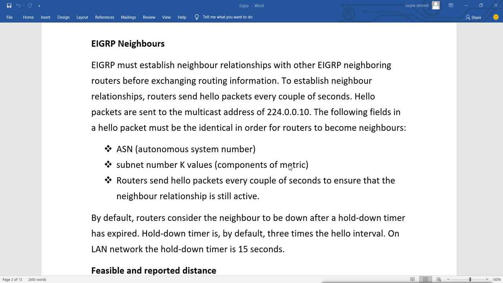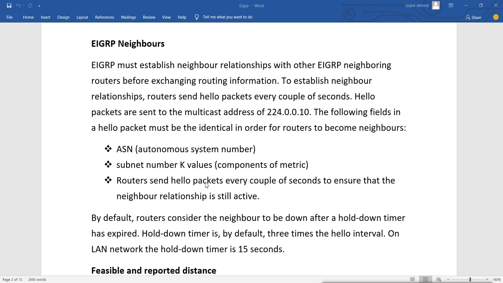When two routers communicate to each other and exchange the routing information, they send the hello packets. In the hello packets they send the ASN, the autonomous system number, and the subnet, K values, components of the metric.